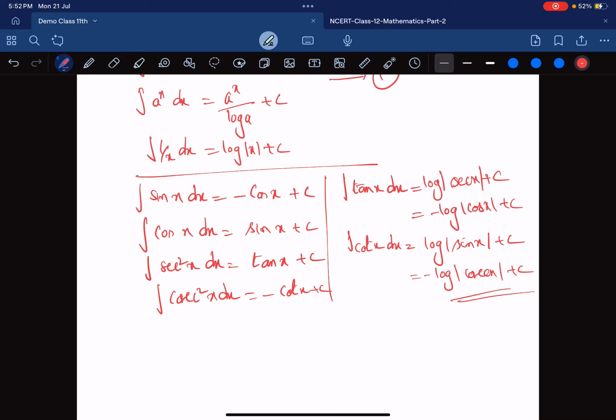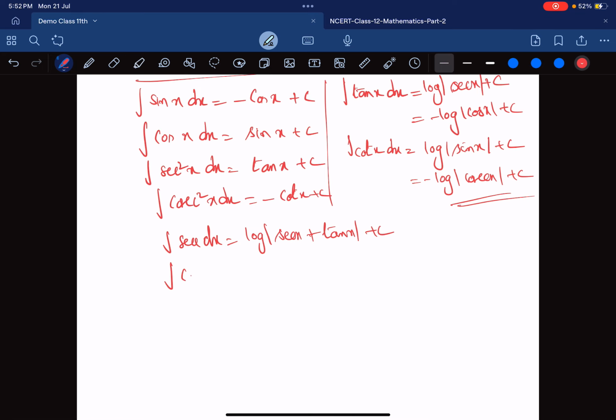Integration of secant x dx is equal to log mod secant x plus tan x plus c. Integration of cosecant x dx is equal to log mod cosecant x minus cot x plus c.